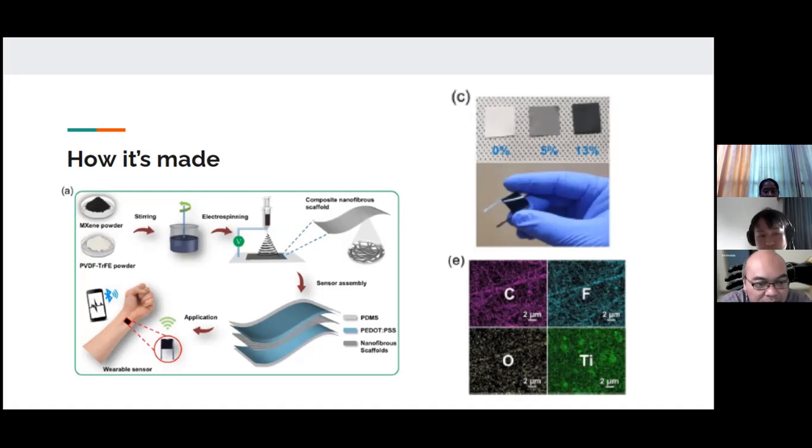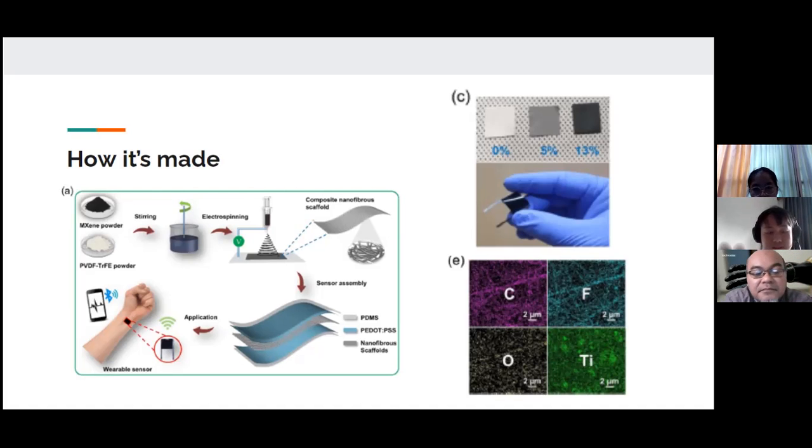In this journal I will talk about how it's made. There are 3 steps. The first step is the synthesis of MXene, which was produced from Ti3AlC2 powder, lithium fluoride, and hydrochloric acid.